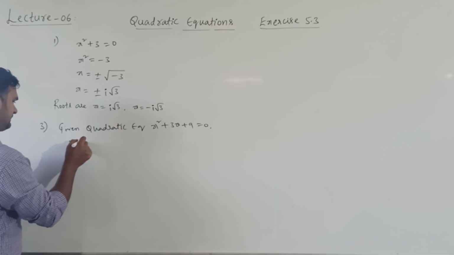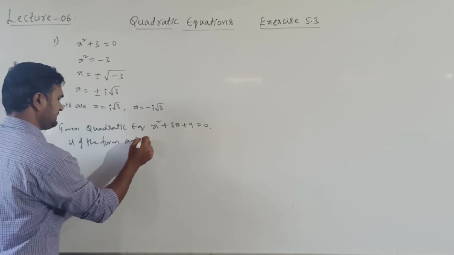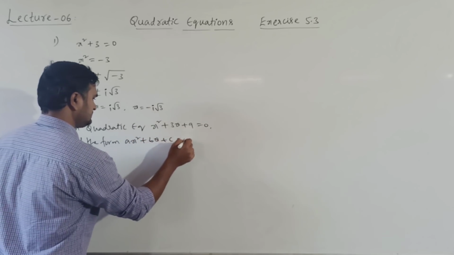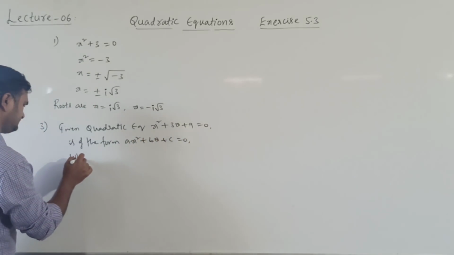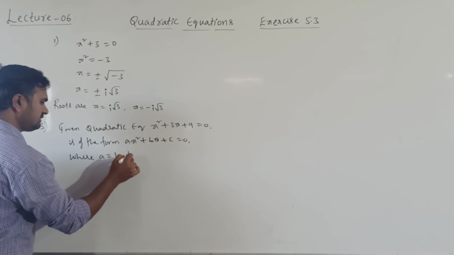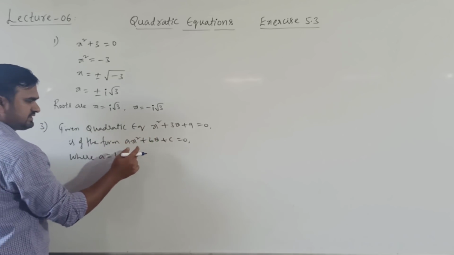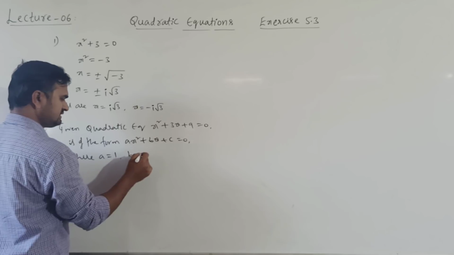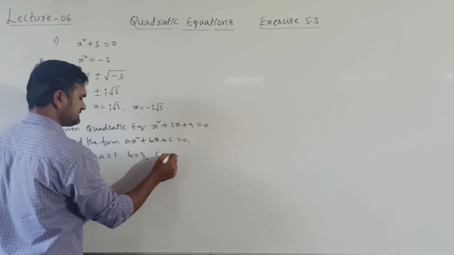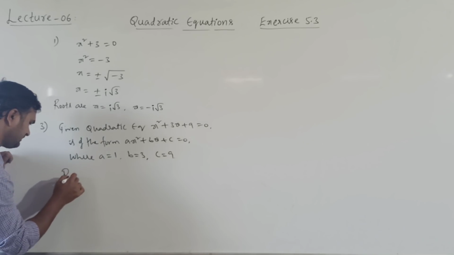It is of the form ax square plus bx plus c equal to 0. Compare the coefficients: x square coefficient is 1, so a is 1; x coefficient is 3, so b is 3; c is 9. So what is the formula for roots of a quadratic equation?